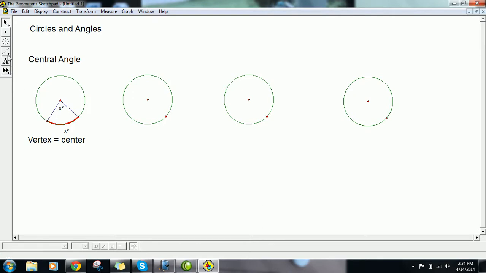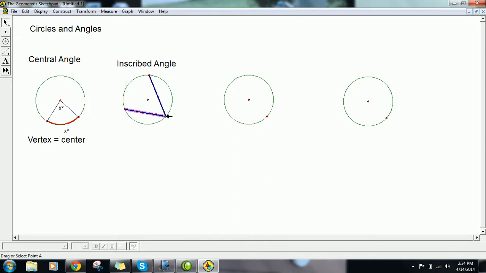The second type of angle we'll call an inscribed angle. There are a couple more cases we can talk about tomorrow, but we've been talking about inscribed triangles, inscribed squares within a circle. So an inscribed angle is just an angle that could look like this. The vertex of the inscribed angle is on the circle.